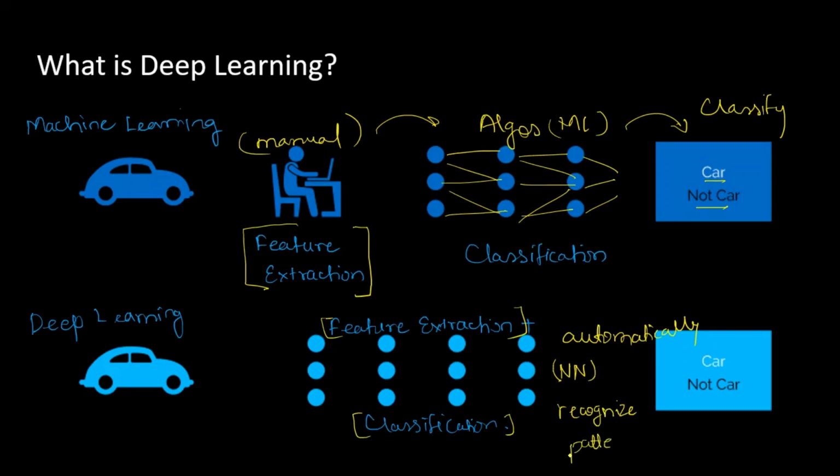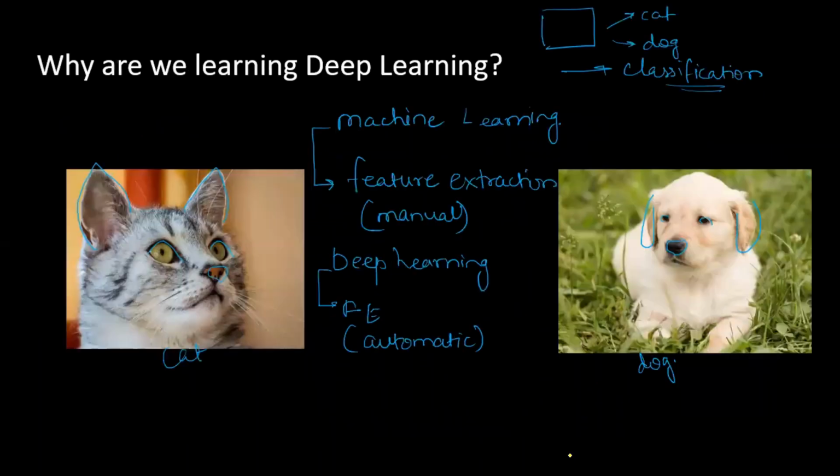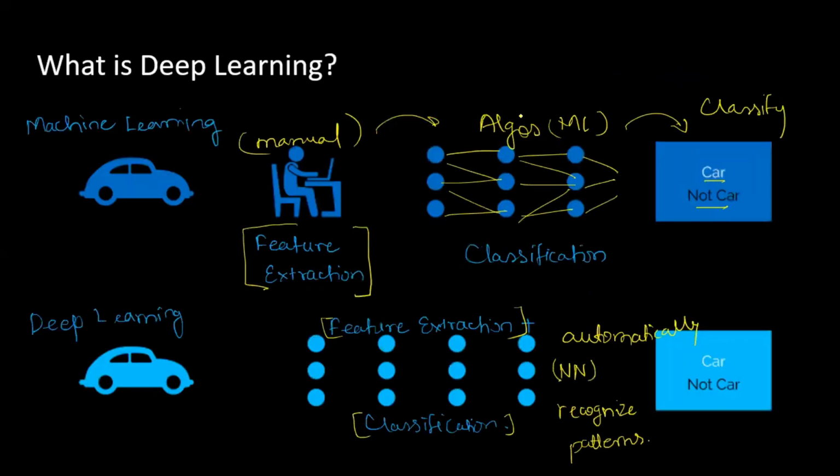In the case of cat and dog, these patterns are already recognized by deep learning. Automatically, it will recognize all the patterns which you need. So that's why for these large data sets, deep learning is used.